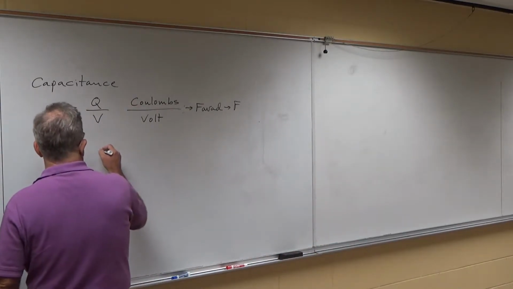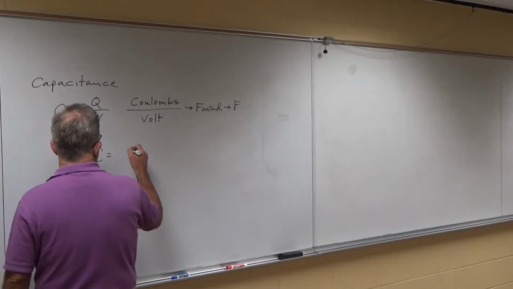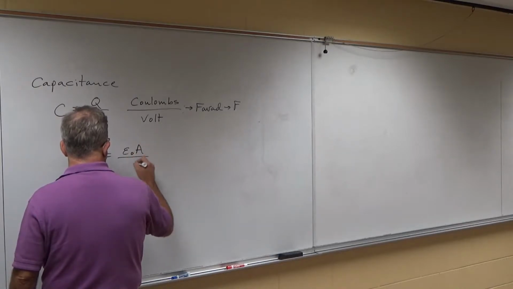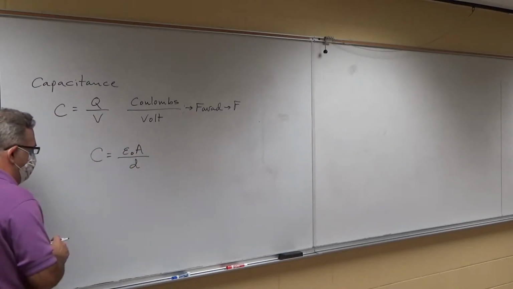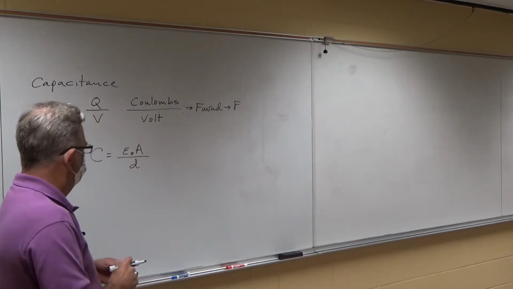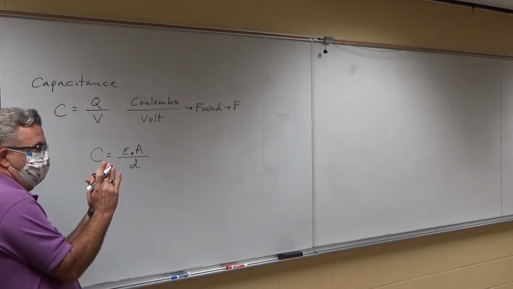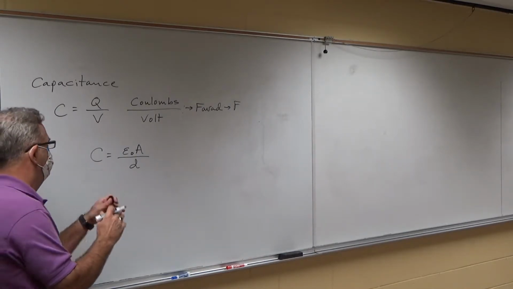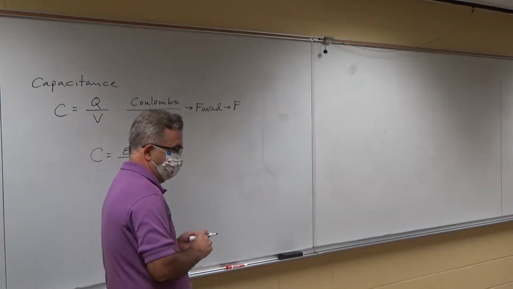So for a parallel plate, the capacitance is equal to epsilon naught times the area of the plates over the separation distance between the plates. So you can think of two square metal plates separated by some little distance. All right, this is the way you would calculate the capacitance.